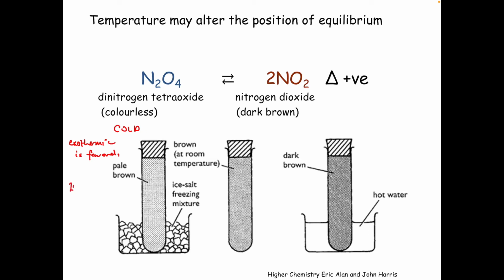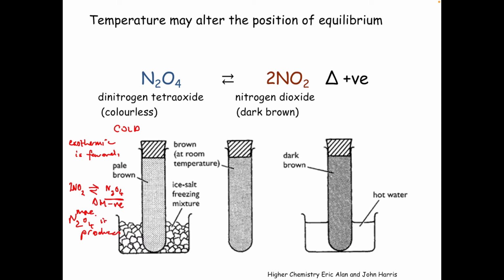So actually 2NO2 to N2O4, that is delta H negative. So N2O4 is produced more. If you cool it down, the exothermic reaction is favoured. If we swap that about and change the sign, then that shows us that N2O4 is favoured.